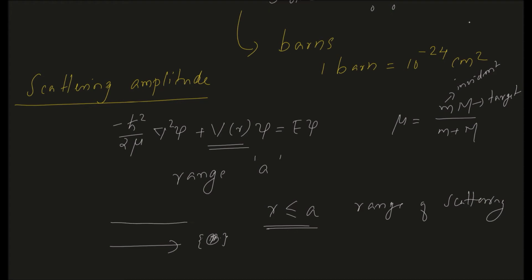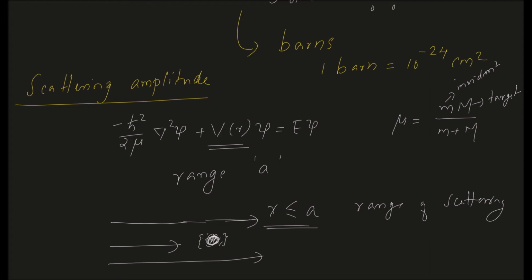And if a particle is coming out of this range, it may usually go without having any interaction with this particle. So it has a finite range for scattering, and that range is determined by the magnitude or the nature of the potential. Potential basically means the potential of this interacting target material.